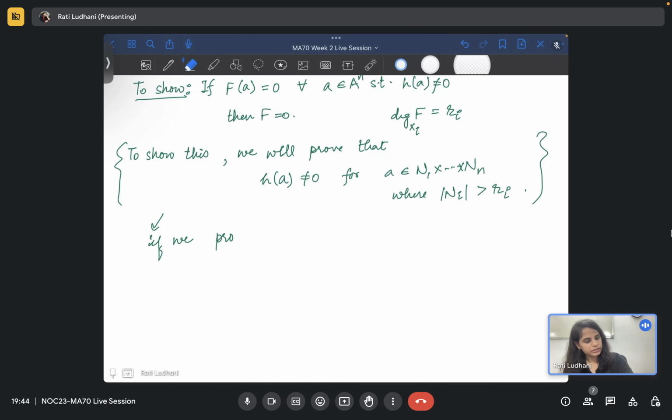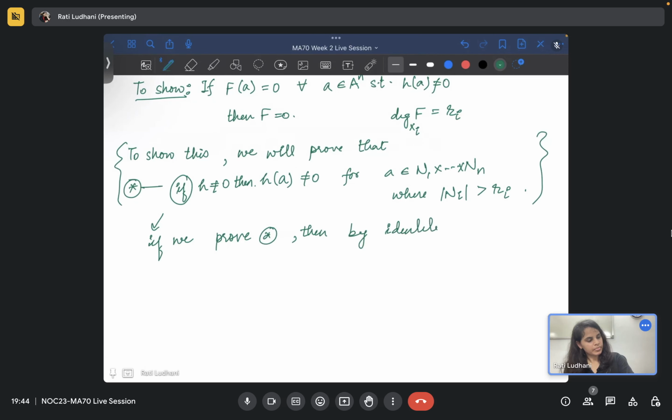there is just one hypothesis. We will prove that h is not equal to 0, then, okay, this is the given. If we prove star, then by the identity theorem f will be 0.